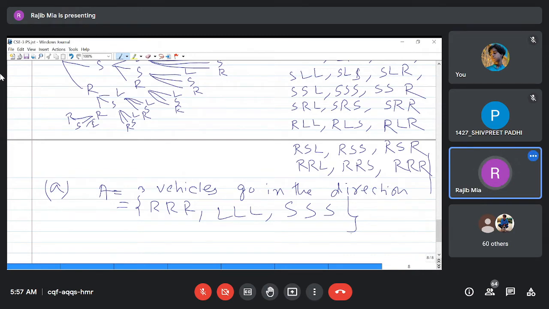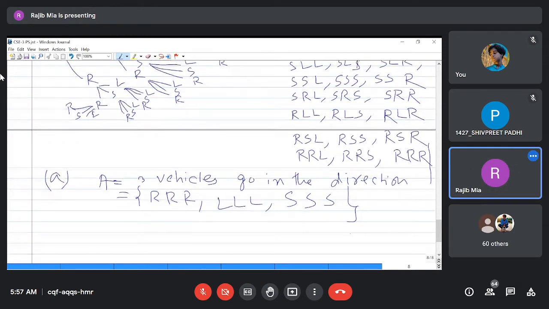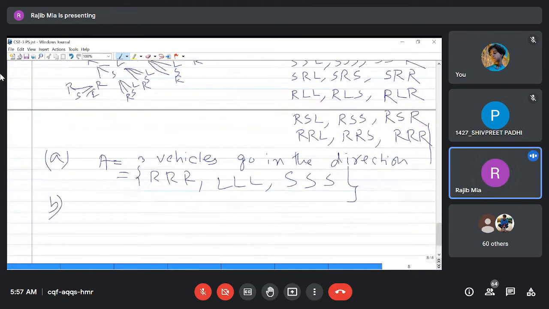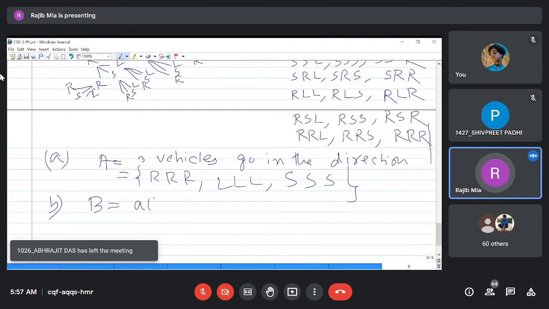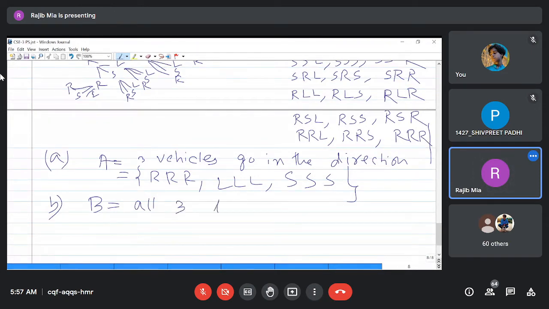Next, part B. List all outcomes in the event B that all three vehicles take different directions. So what are the outcomes in event B?